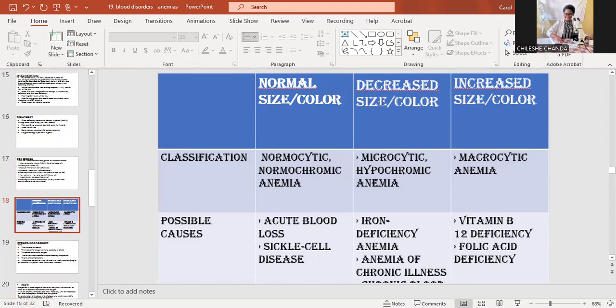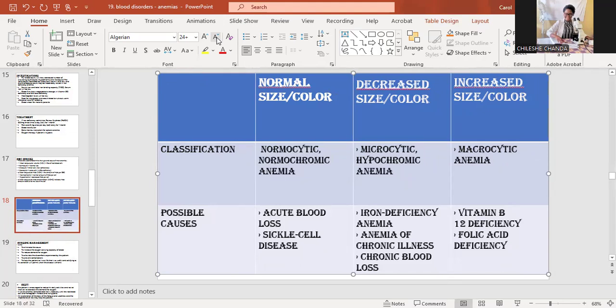So this table is simply showing you what is a possible cause of these types of indices, okay? So for example, you look at a classification when anemia is said to be normocytic, normochromic, meaning the normal size and the normal coloring.